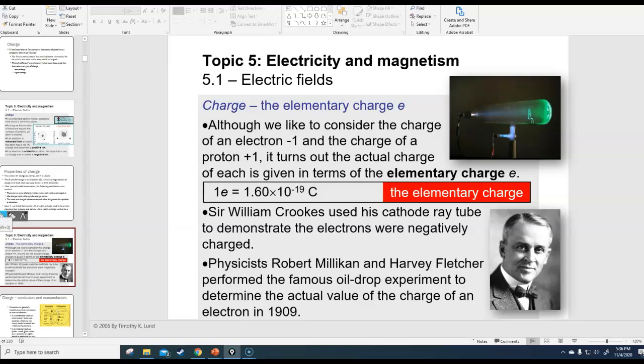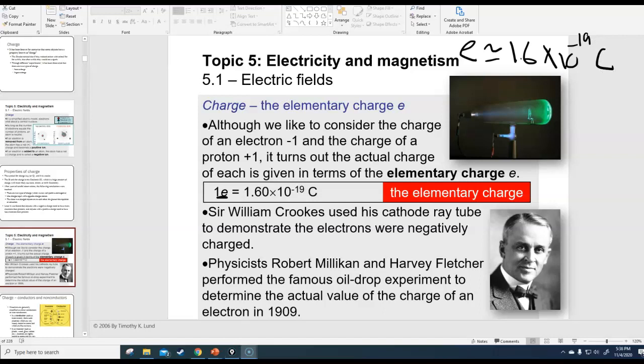It turns out that when we say a proton has a charge of +1, what we really mean is +1e. So what is an e? Well, 1e is what's called the elementary charge, and the value for e is approximately equal to 1.6 times 10 to the -19 Coulomb.